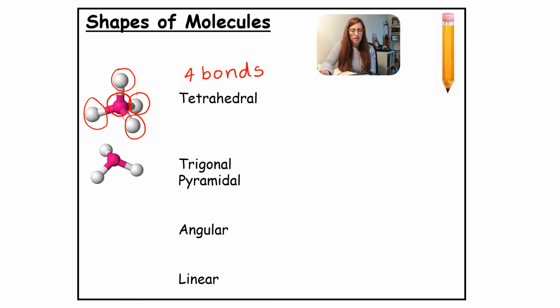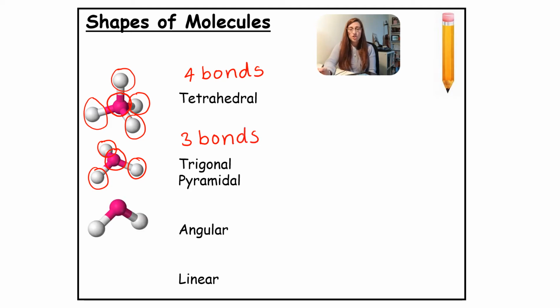Next we have trigonal pyramidal, and that just looks like a pyramid like you would see in Egypt. So we've got our central atom, which is my hand again, and my pens represent the 3 bonds. So this nice pyramid shape like this. So we've got our central pink atom in the middle, and our 3 other white atoms around the central pink atom. So things which have 3 bonds will be trigonal pyramidal.